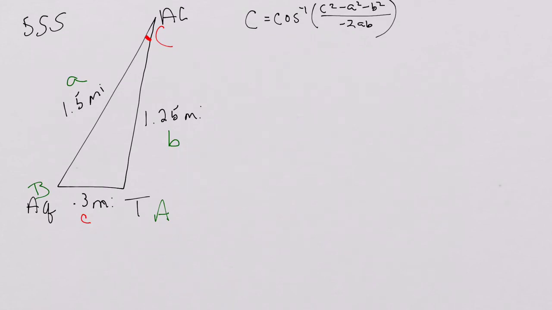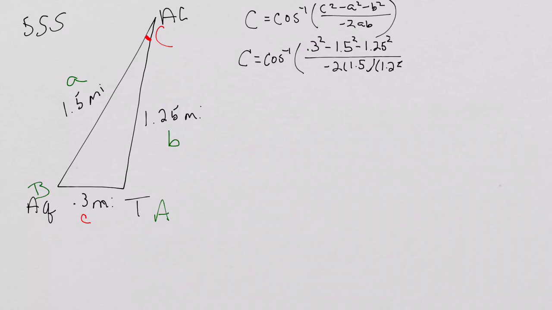We simply need to solve for big C, which is the angle C, the included angle. So we're just going to take our numbers and plug them into this equation. We're going to get C equals arc cosine of 0.3 squared minus 1.5 squared minus 1.25 squared divided by negative 2 times 1.5 times 1.25.